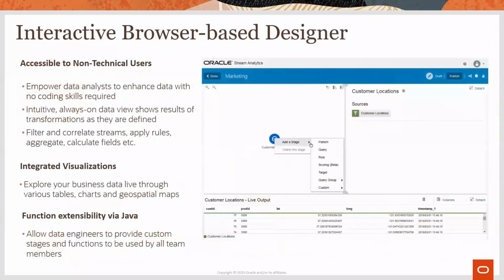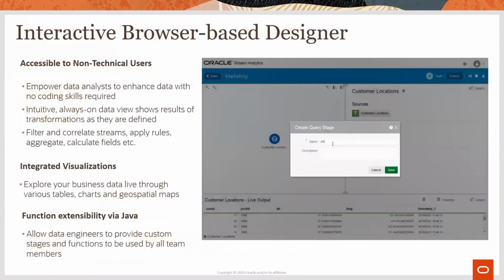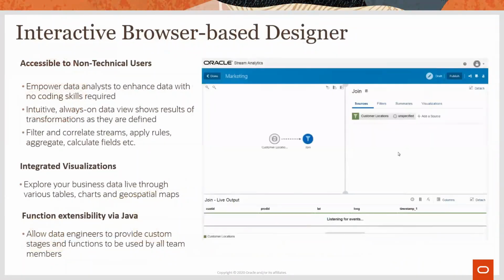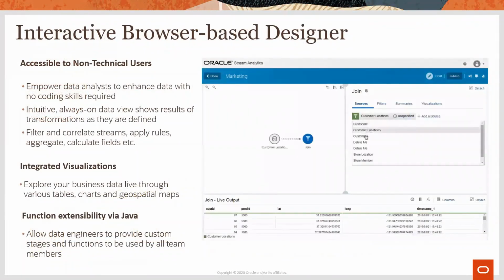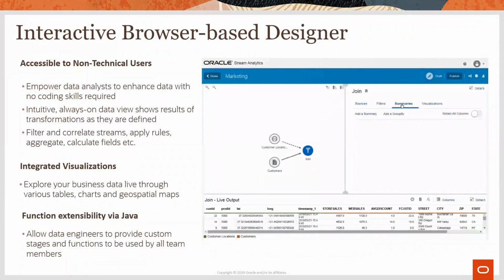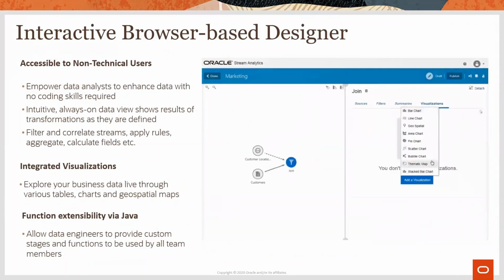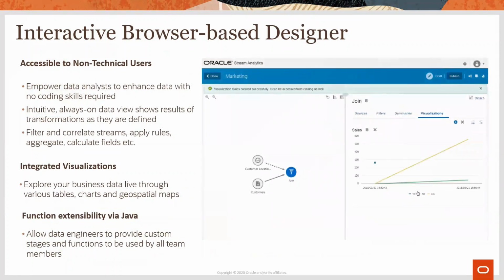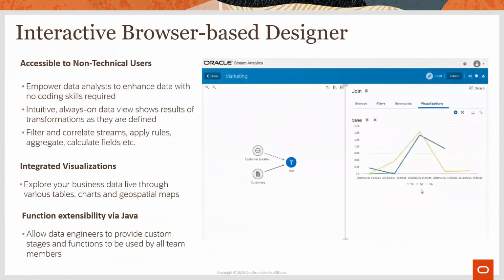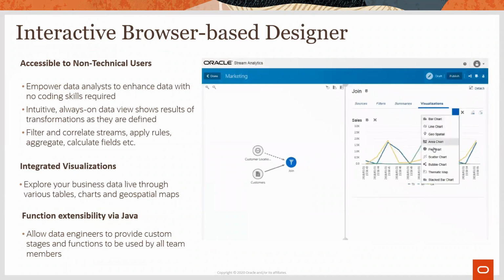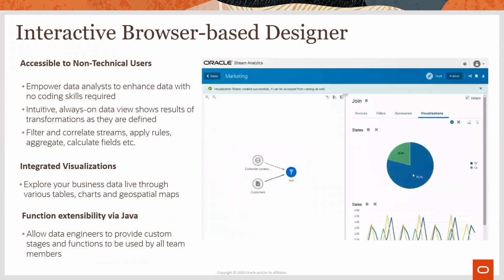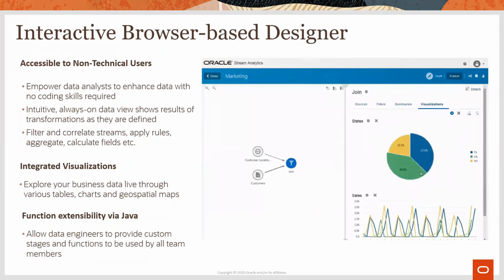And so you get this low code environment where you can interactively build your data pipelines while you actually watch the live output of the data, and you're actually seeing your data change while you're developing the pipeline. So it's a very intuitive way of working with your data pipelines. And again, what's unique about this compared to a lot of tools is that you see your results while you're doing the development.